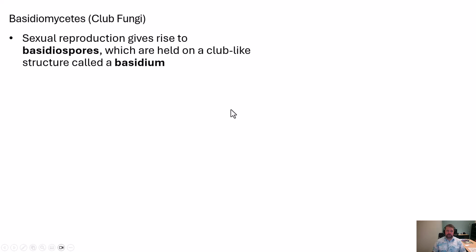The club fungi or Basidiomycetes, they form a basidiospore. So again, we're talking about the spore, or at least what encases the spore.